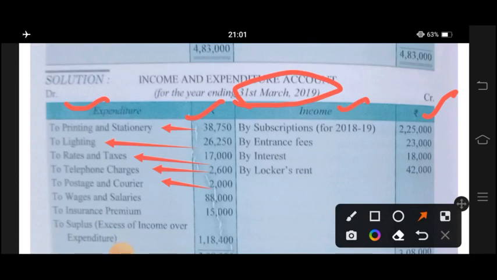And similarly, when we talk about wages and salary, it will be recorded on the debit side of the income and expenditure account. And when we talk about the insurance premium, it will also be recorded on the debit side.